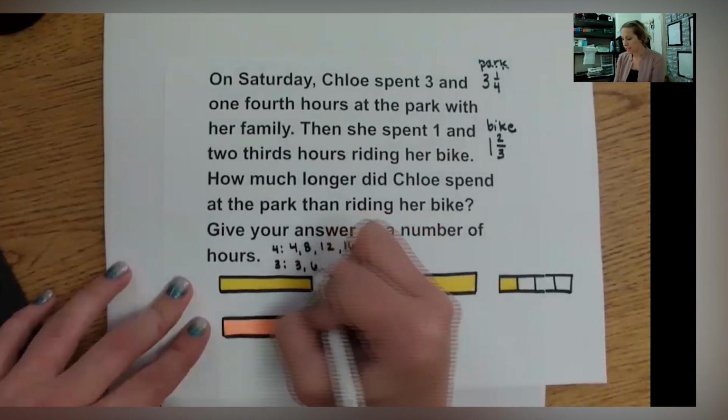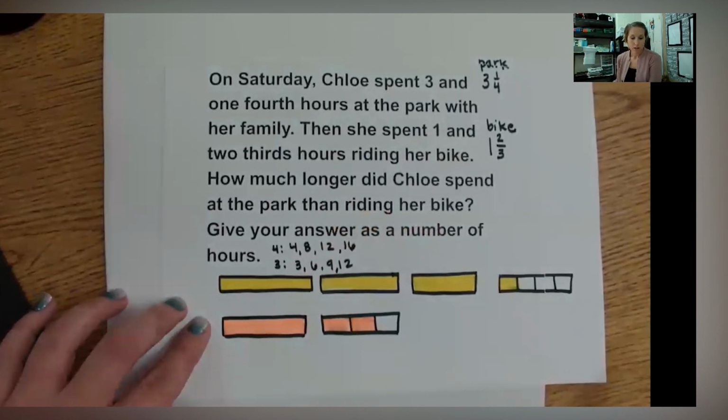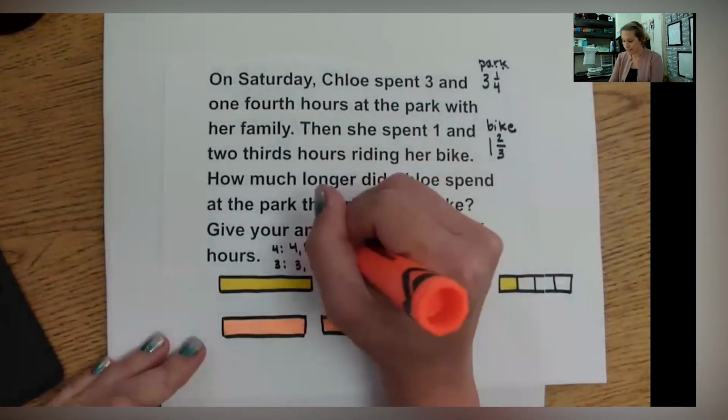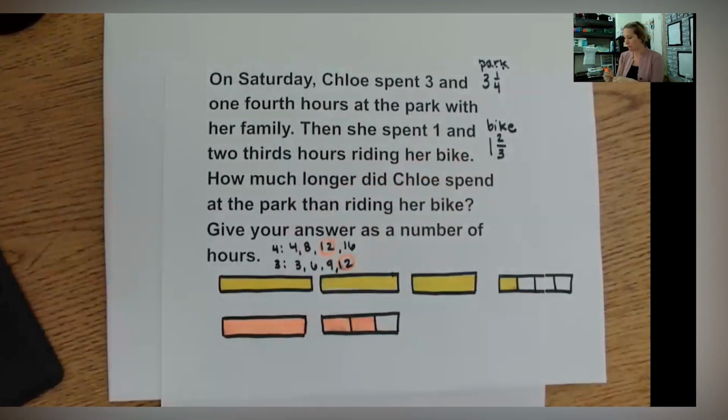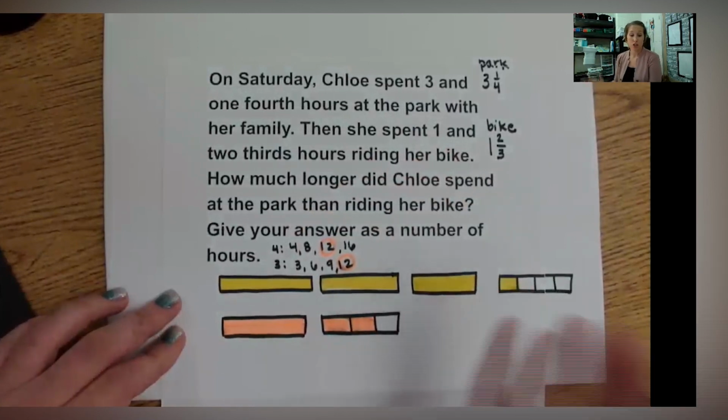And 3, 6, 9, 12? And so what common multiple sticks out to you? To me, 12 sticks out. I know that a multiple of 3 and 4 is 12. So I can get the common denominator of 12, which means I need to do what to my model?